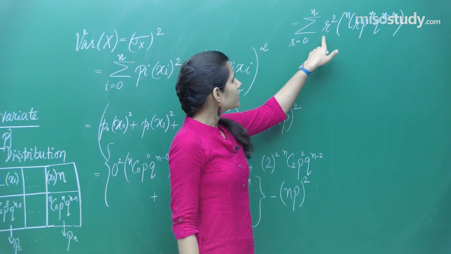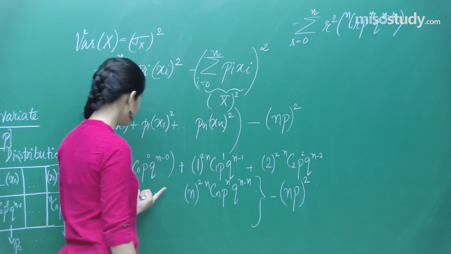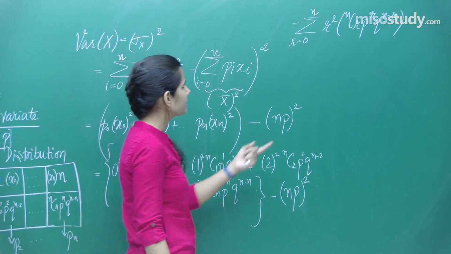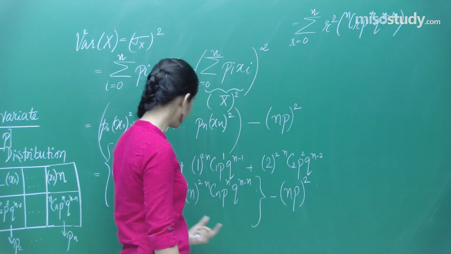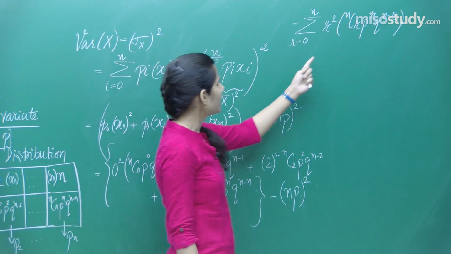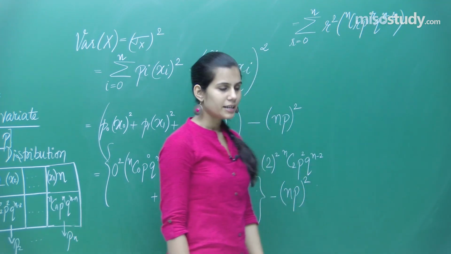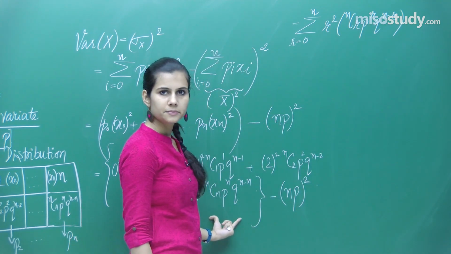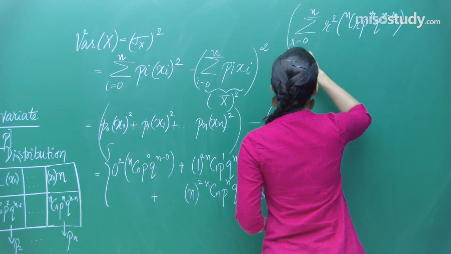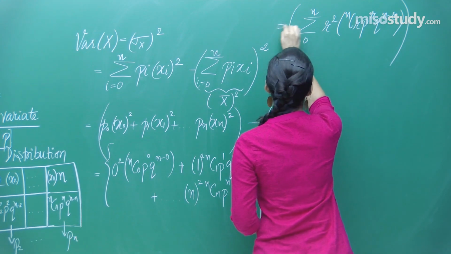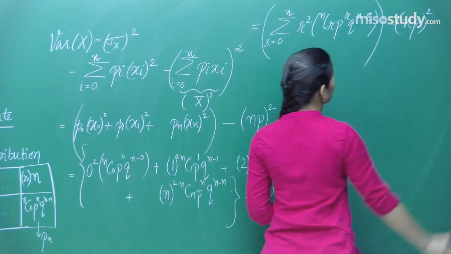When r is 0, you get 0 square nc0 p to the power 0 q to the power n minus 0. Plus when r equals 1, you get 1 square nc1 p to the power 1 q to the power n minus 1, and so on till r equals n, n square ncn p to the power n q to the power n minus n. Minus this whole thing, np whole square.